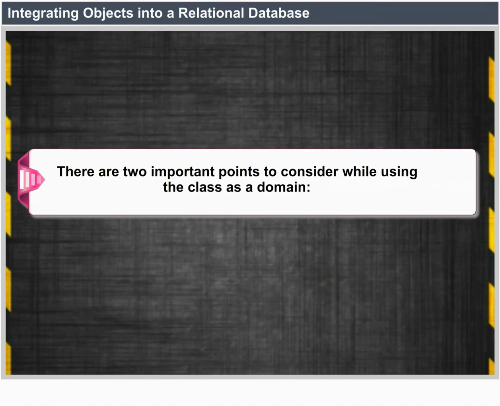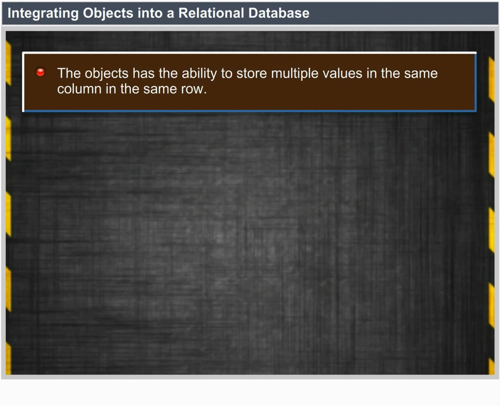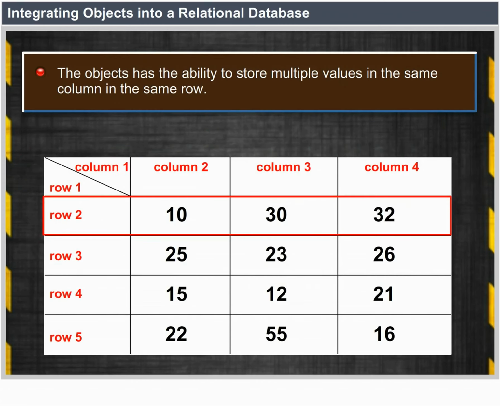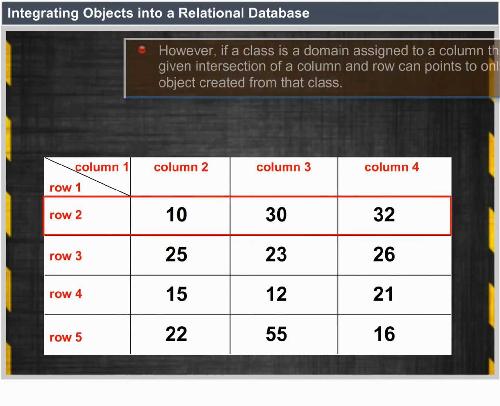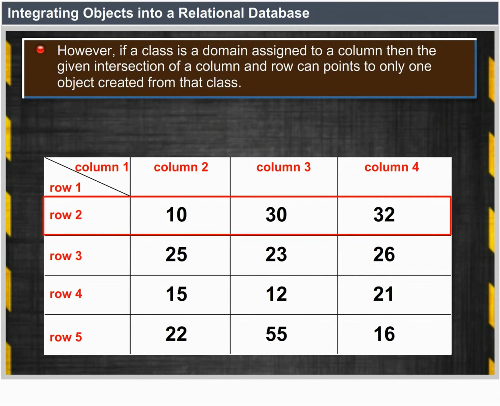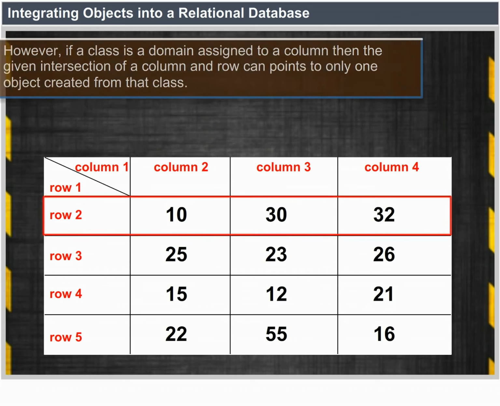There are two very important implications of using a class as a domain. It becomes possible to store multiple values in the same column in the same row because an object usually contains multiple values. However, if a class is a domain assigned to a column, then any given intersection of a column and row can contain only one object created from that class.